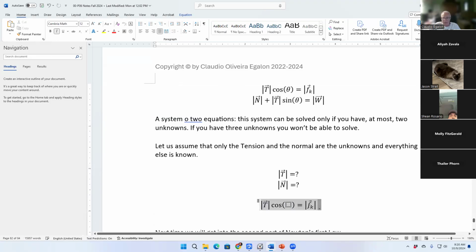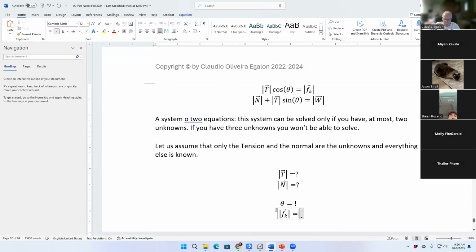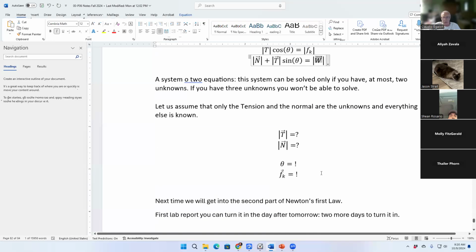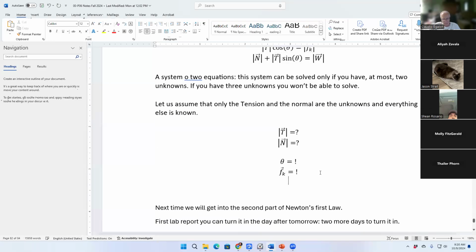I use an exclamation point to state that this parameter is known. The magnitude of the force of kinetic friction is known. Not just the magnitude, but also the vector, the direction. And the direction of the weight is known.